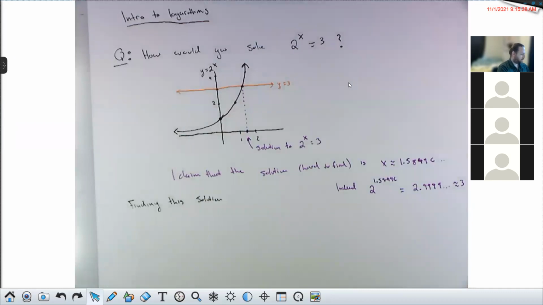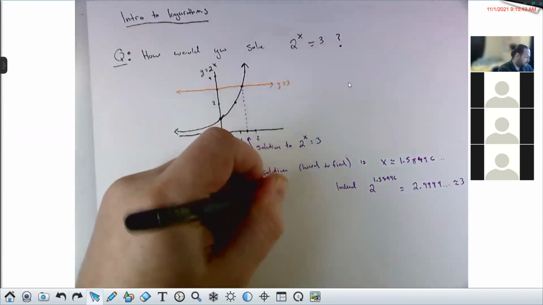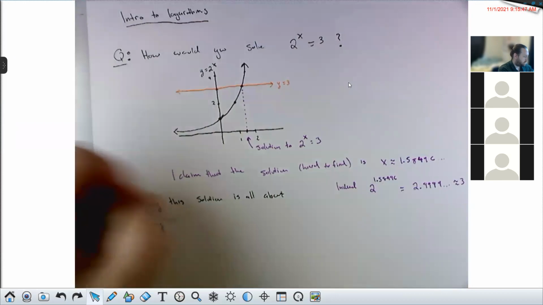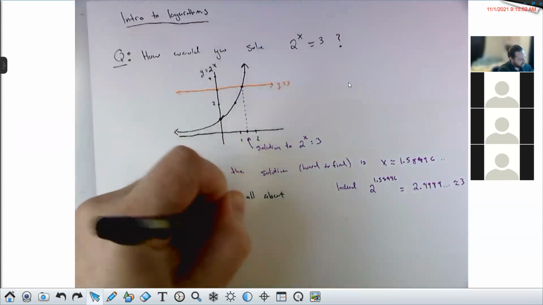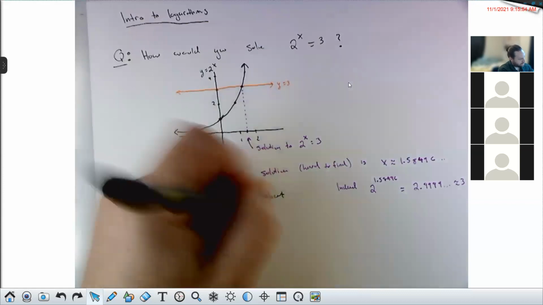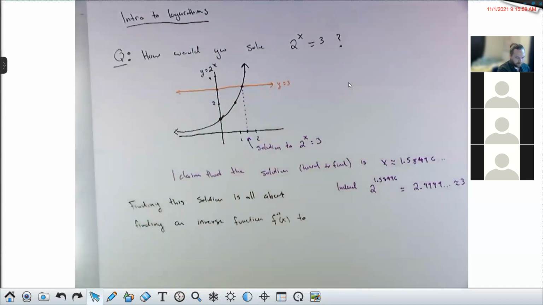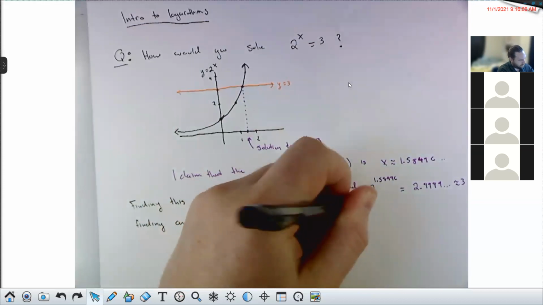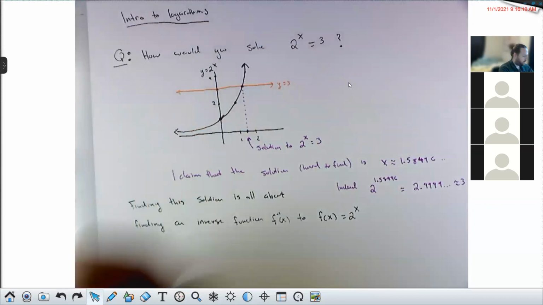All right, so finding the solution is all about finding an inverse function to the function f of x equals 2 to the x. And that function is called a logarithm.